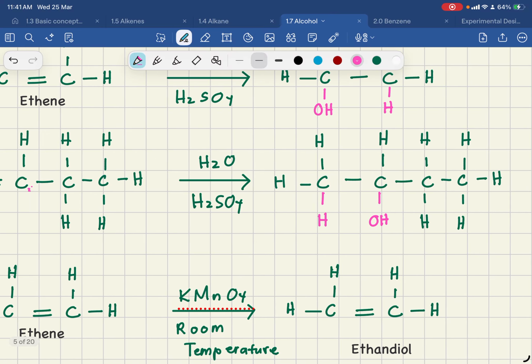This is your major product. If you reverse it, and put OH here and H there, that is going to be the minor product. This is based on Markovnikov's rule. Please refer back to the alkene topic, and you can look at the difference between Markovnikov's and Saytzeff's rule.